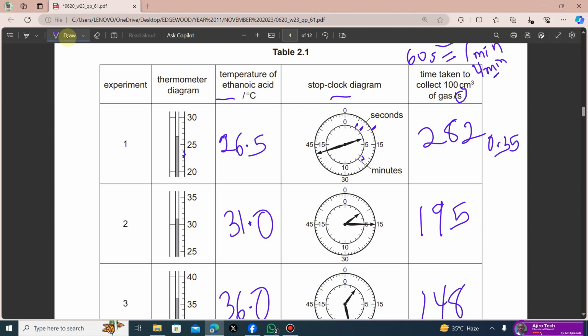And we're having 0.51. We do the same thing for the third one, 100 divided by 148. We have 0.67 here.